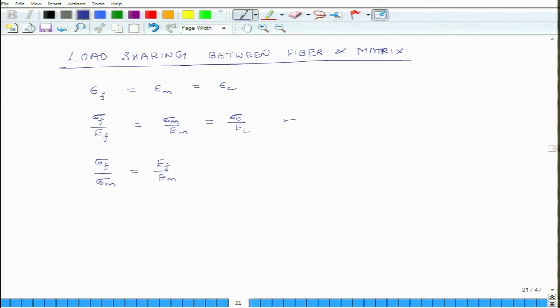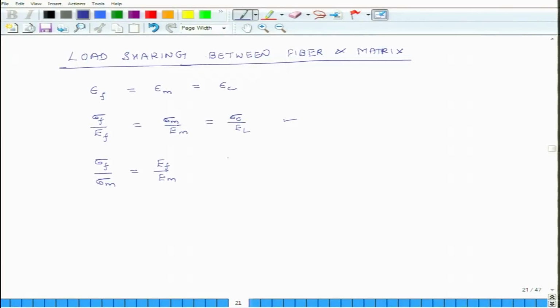So, if the ratio EF over EM is 20, then fiber takes 20 times more stress, not load, because load is also associated with area. But the stress in the fiber will be proportionally higher. Similarly, you can also say that sigma f over sigma c is equal to EF over EC. Okay. So, let us keep this as one equation.